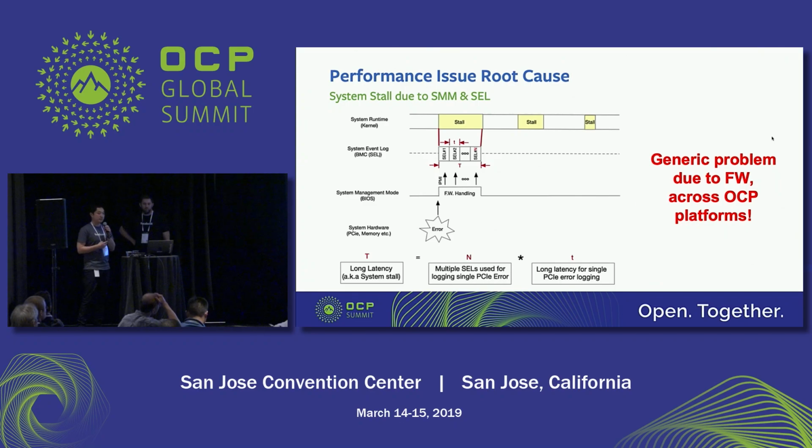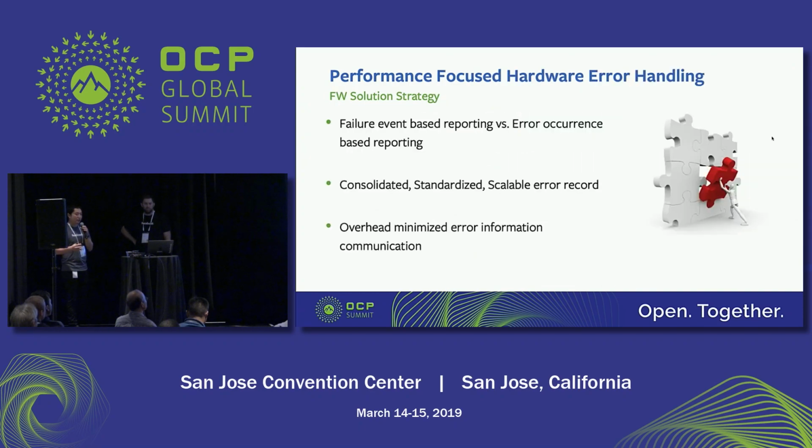To minimize this performance impact, our targets are clear. We need to minimize the number of calls used and created while the system is still in System Management Mode, and we need to minimize the time needed for each IPMI command to send the system event log. To be able to achieve that, we identified 3 strategies that can be carried out by the firmware.